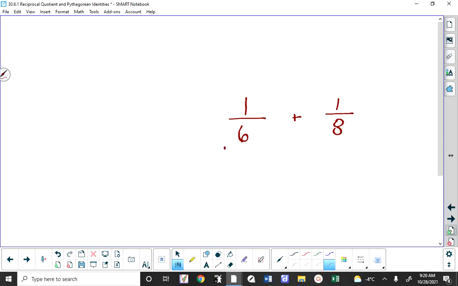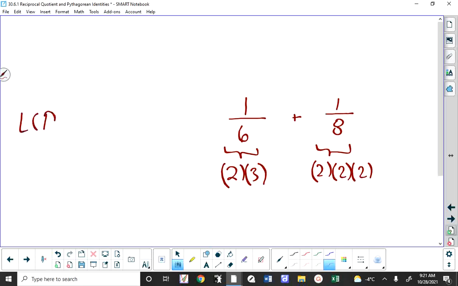So when you take a look at this, the 6 is the 2 times the 3. The 8 is 2 times 2 times 2. So your common denominator here would have to include the 2 and the 3. Okay, so your lowest common denominator would have to include a 2 times a 3. And we're basically done looking at this. And now we can move on to the next denominator. My common denominator has to contain all 3 of these.